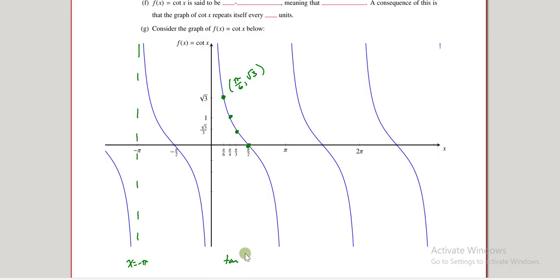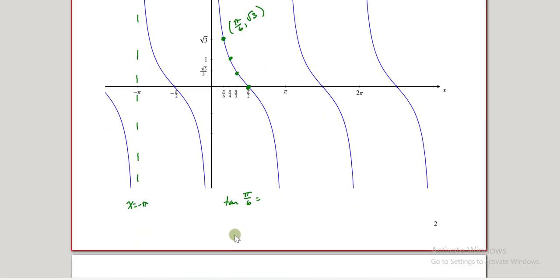Well, you'd take the tangent of pi over 6, which is equal to, and there's a couple of different ways we could construct that. If you go to our unit circle and you draw a line through the origin passing through the angle, oops. Folks, I have an error here. We're computing the cotangent of pi over 6.